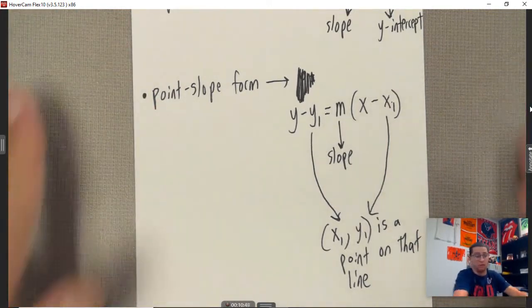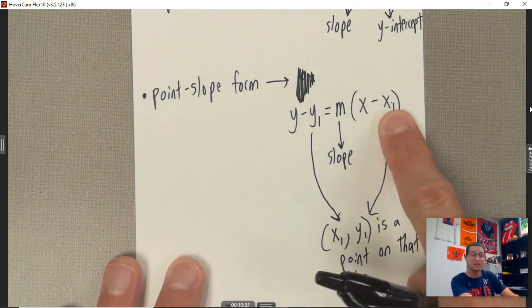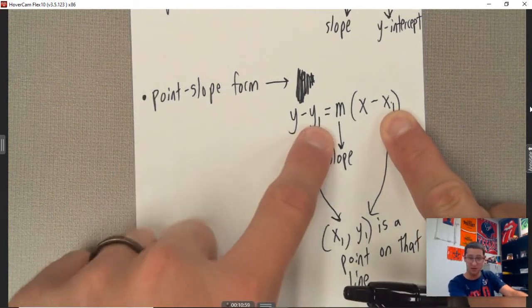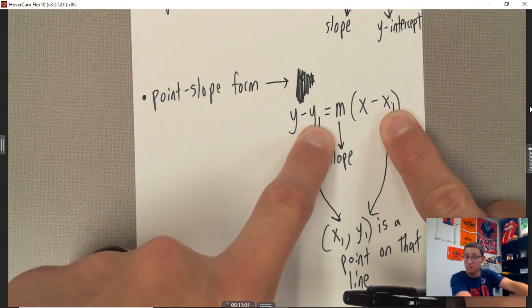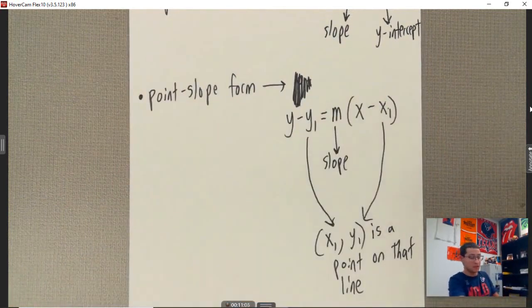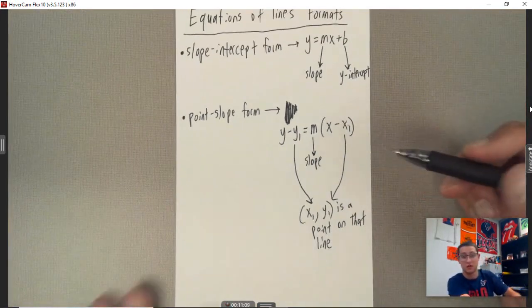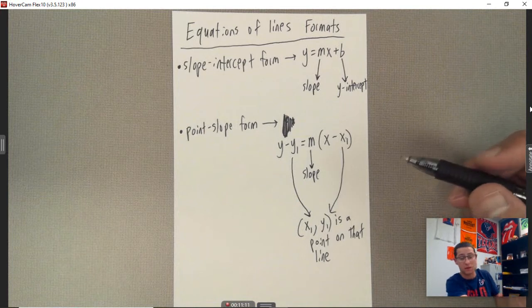Like a tangible point, right? Like 2, 7. Let's say 2, 7 was on that line. I could put 2, because 2 is my x, 7, and put it in that format. And again, we'll look at examples of this, but that's essentially the two most common equation of line formats that we're working with.